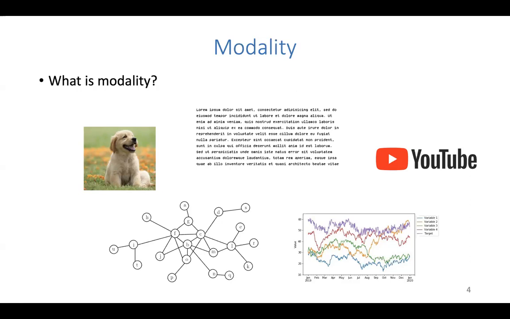Some people might say that tables are also another type of modality, but as I said, tables and graphs can be used interchangeably. And time series data or multivariate time series data can be seen as another type of modality.